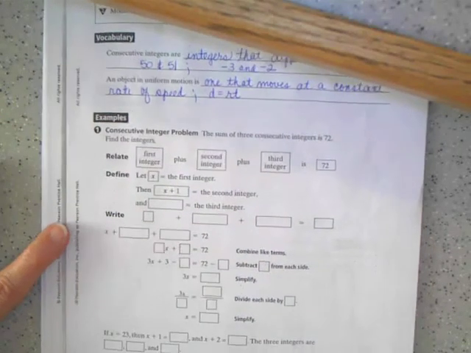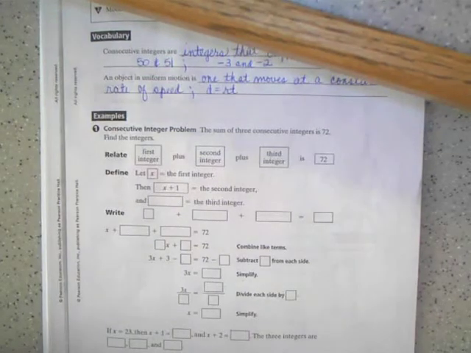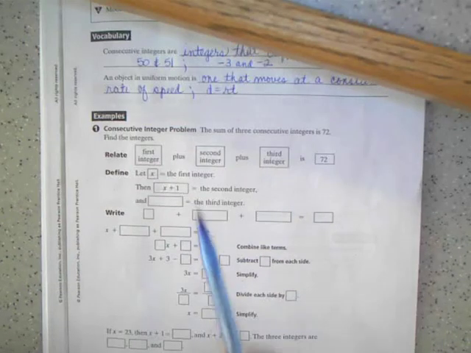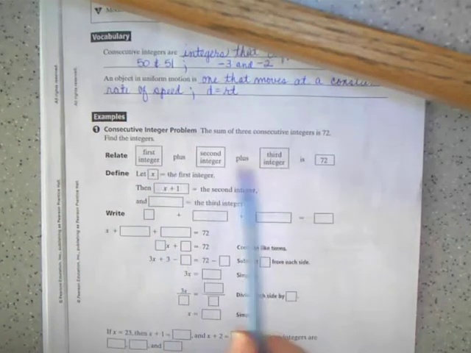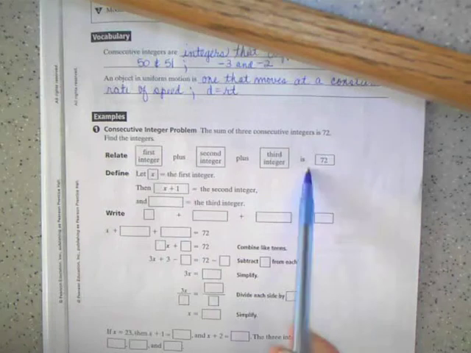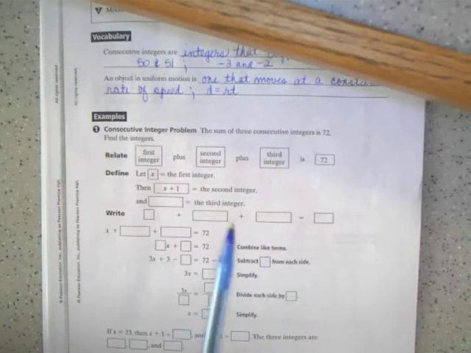Consecutive integer problem. The sum of 3 consecutive integers is 72. Find the integers. Okay, so basically what this is asking us to do is take the first integer plus the second integer plus the third integer and make that equal to 72.